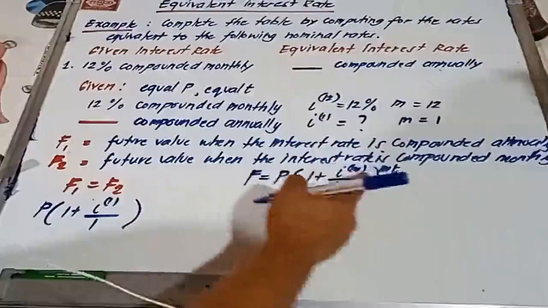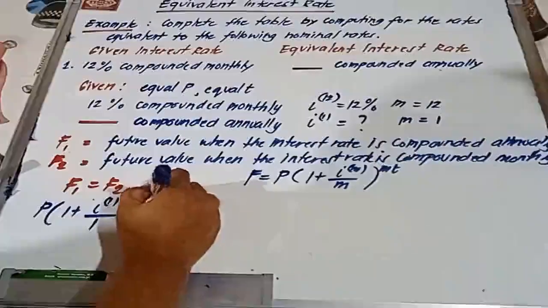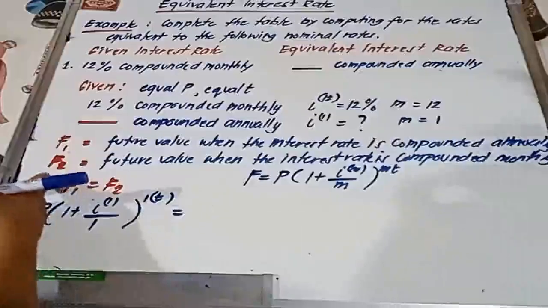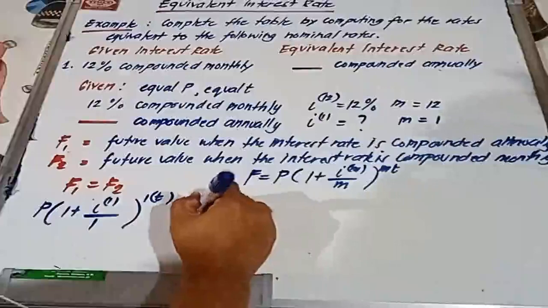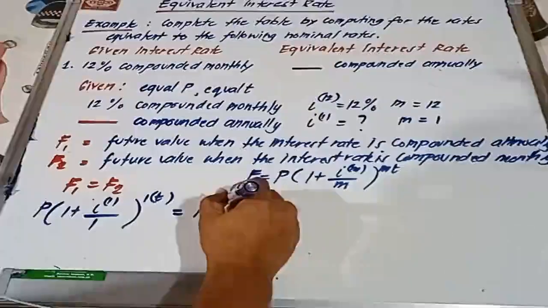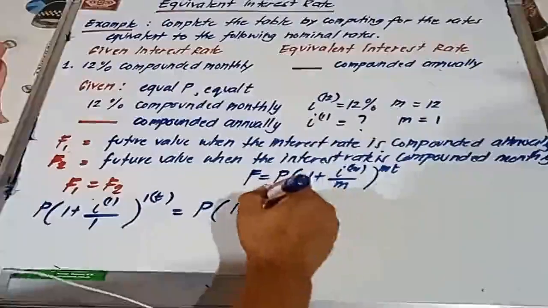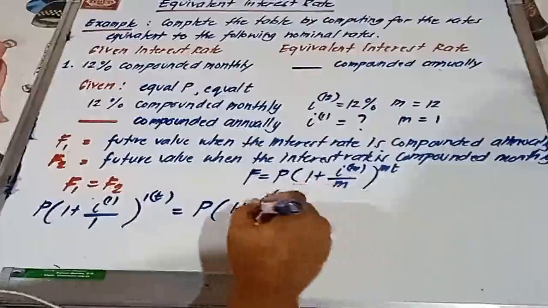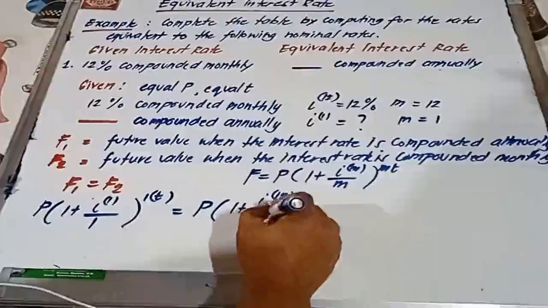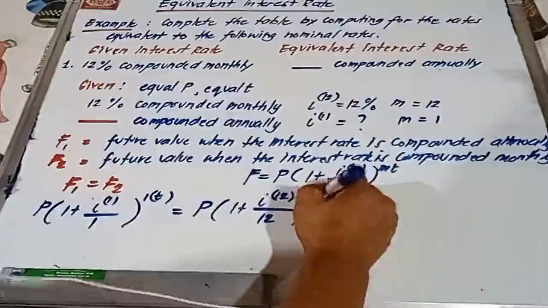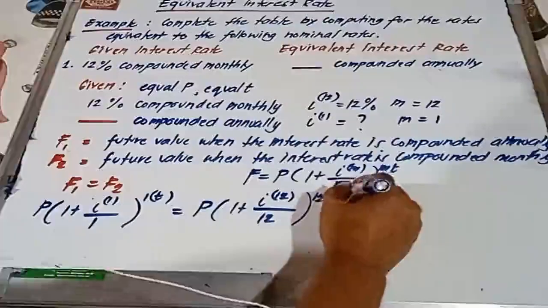Ang M natin ay 1 times T. Okay? Equal to future value 2, which is P also, quantity 1 plus I to the 12 kasi ang frequency of conversion niya is 12, over 12 raised to M. M is 12 times T. Okay.